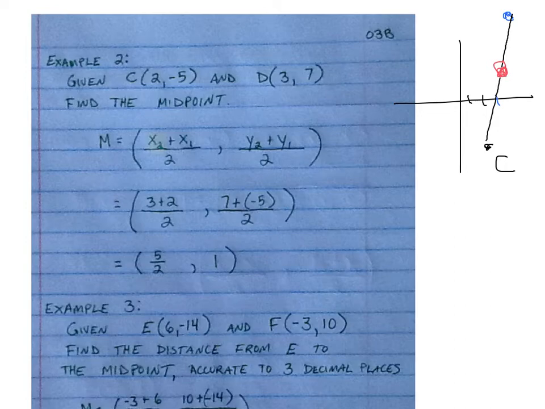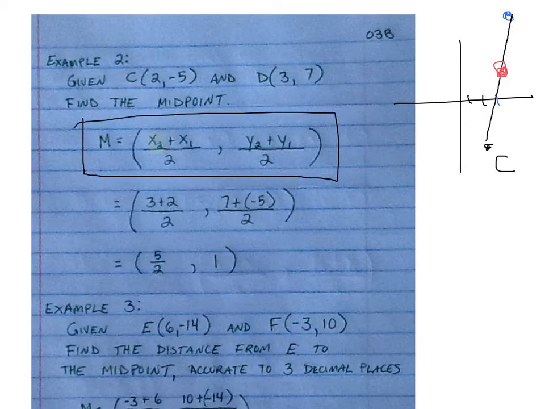Like the last problem, I start by writing down my general formula until I get comfortable with this process, and then I plug in the values. X sub 2 would be the 3, X sub 1 is the 2, and we divide that all by 2, and then Y sub 2 is 7, and Y sub 1 is -5, and we divide that all by 2.